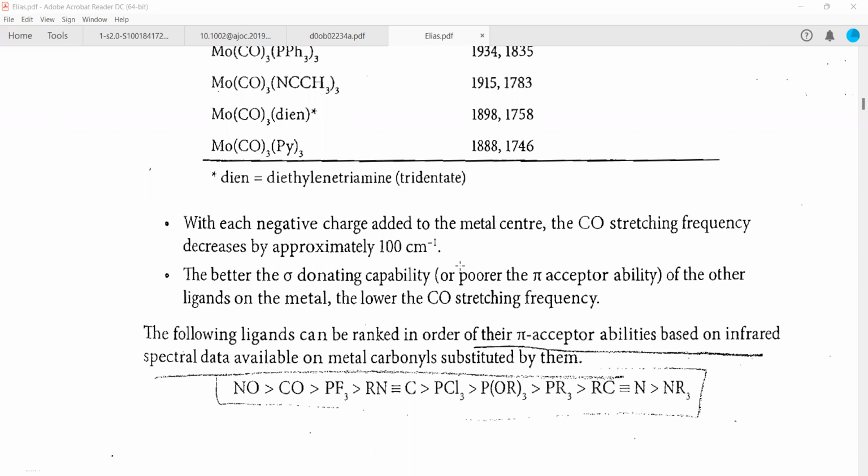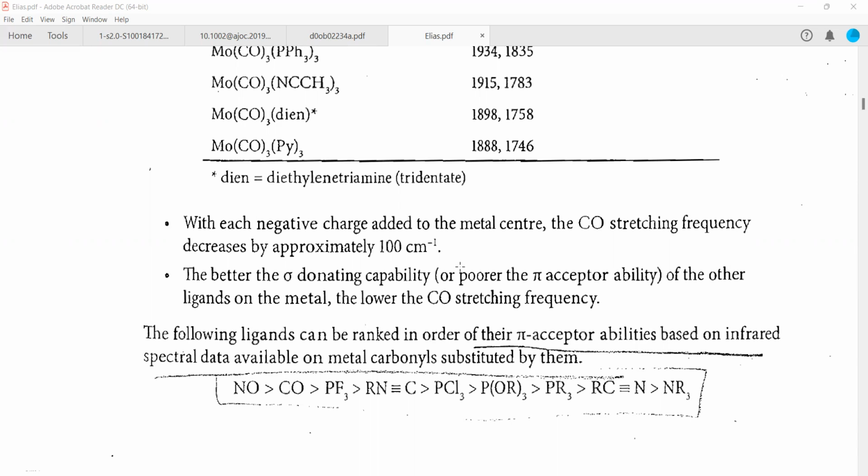It should decrease because more negative charge on the metal center means the metal center is more electron rich, so it can show better pi back bonding to the carbonyls, and that further decreases the stretching frequency. So this is given in a general sense: for each negative charge, there is a decrease in the stretching frequency of the carbonyl by about 100 centimeter inverse. It's approximate. So the better the pi donating ability or the poorer the pi accepting ability of the spectator ligands, the lower is the stretching frequency.